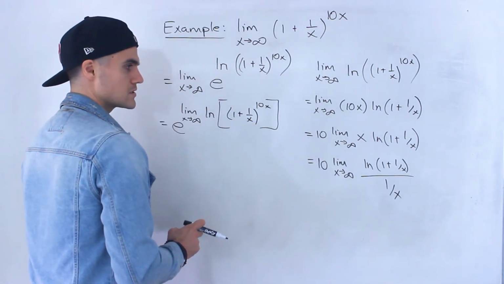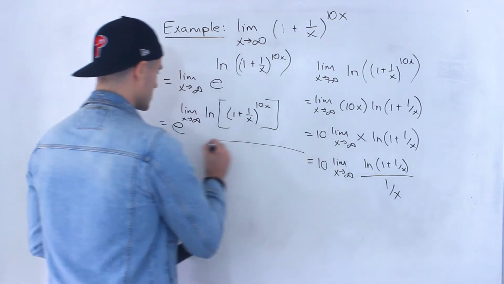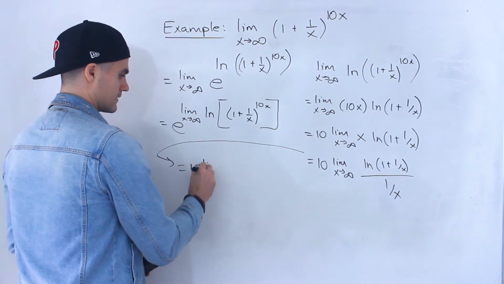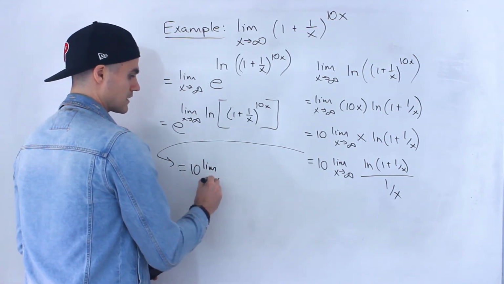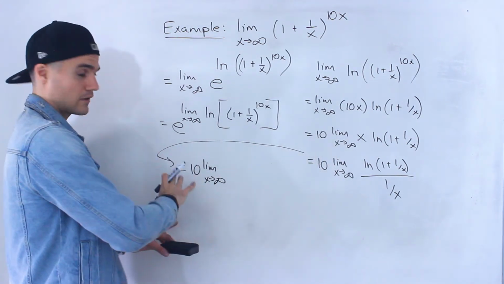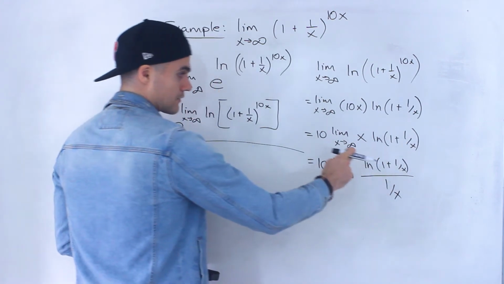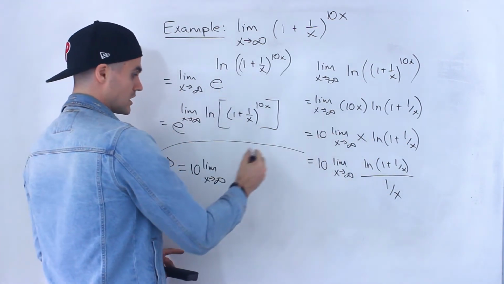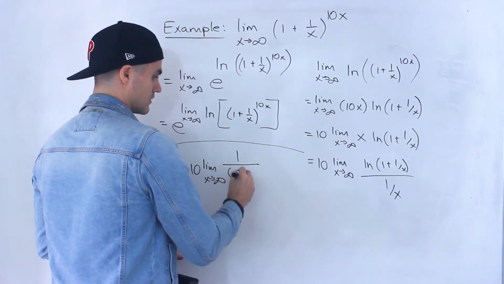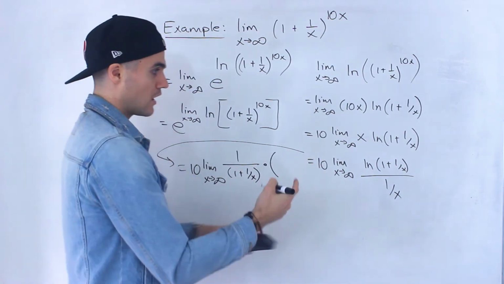So I'll continue this over here. We'll have 10 times the limit as x approaches infinity. This 10 is staying there the whole time. We factored it out, so we keep rewriting it on the outside. Take the derivative of the numerator. The derivative of ln of a function is 1 over that function times the derivative of that inner function.